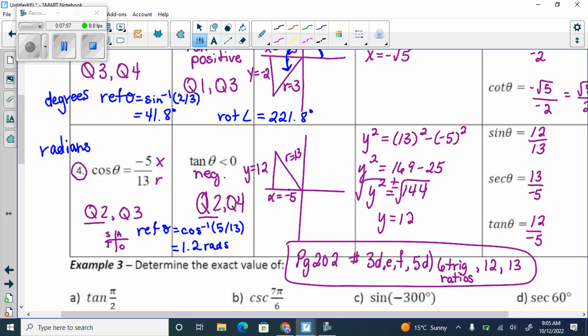But that's here, and I need from here to here. So this is pi, correct? So I'm just going to go pi minus 1.2. Well, not 1.2. What should I really be using? The full shebang. So the rotational angle is 2.0 rads.